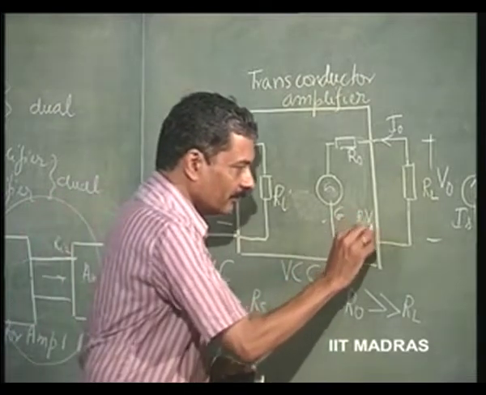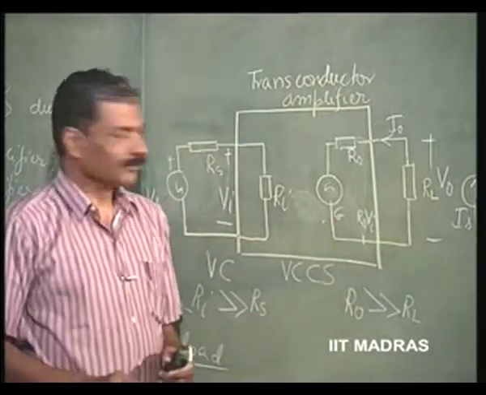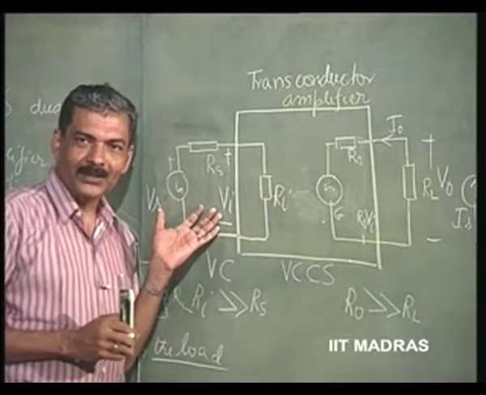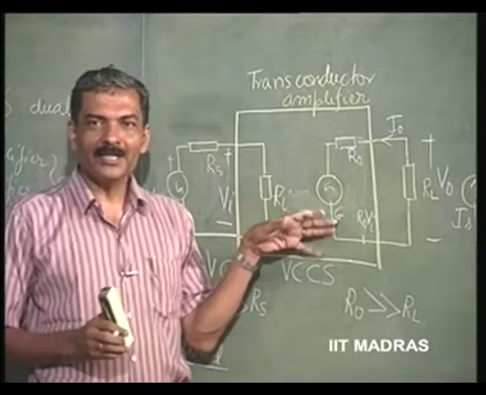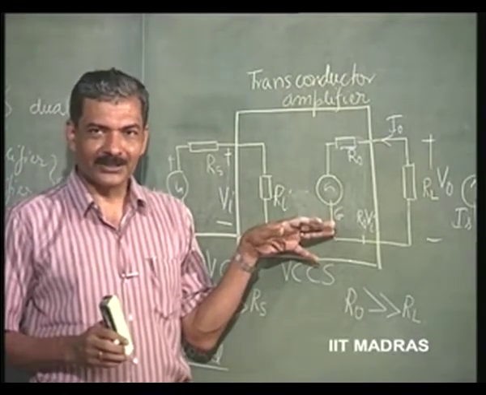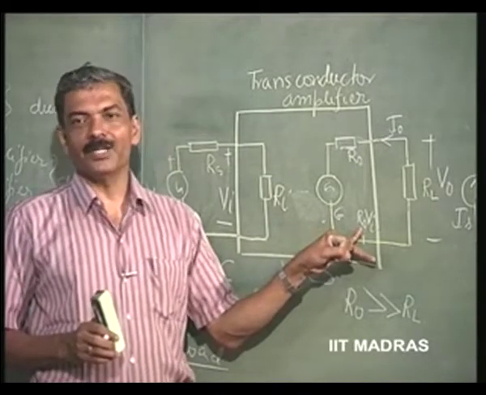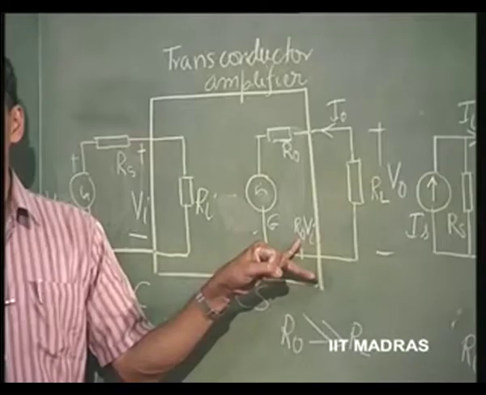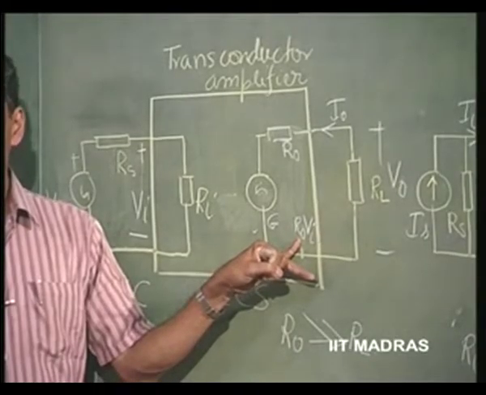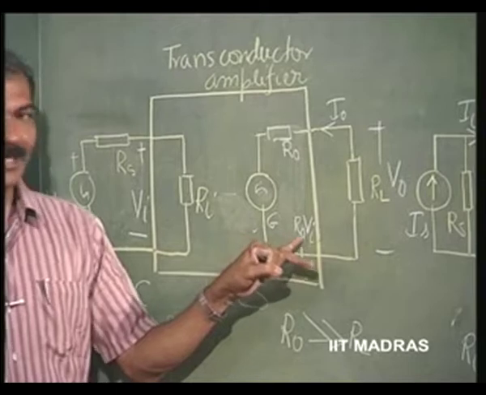So, now this was voltage controlled, this has now become a voltage source, and this G times R naught is what we have earlier defined as K. So, this is K times Vi.